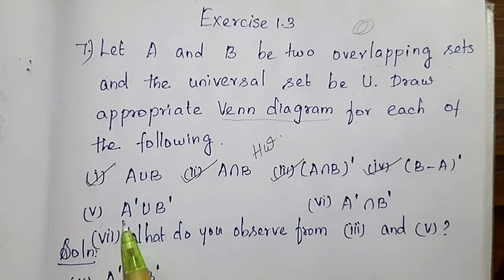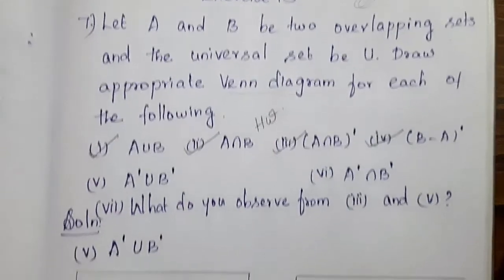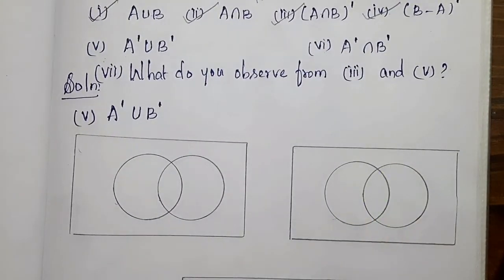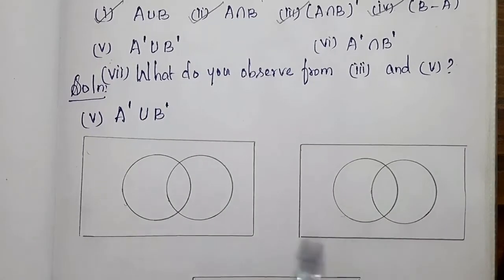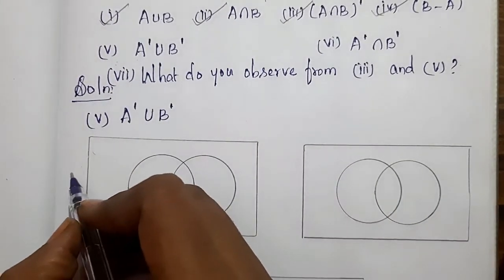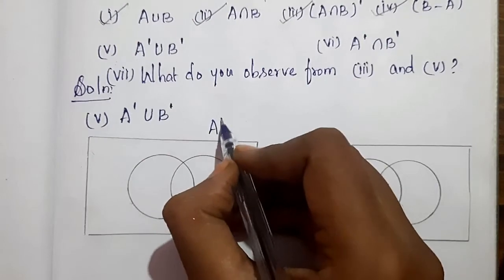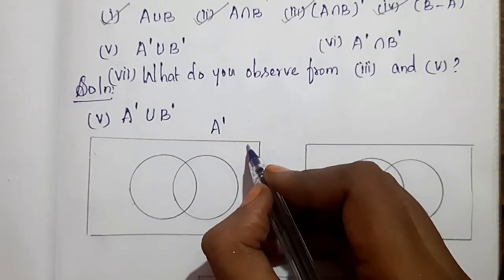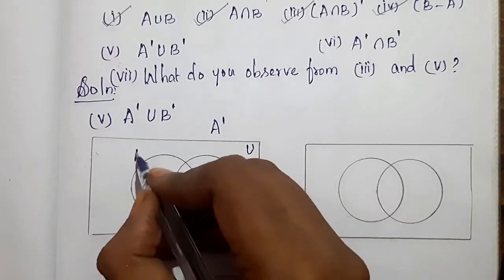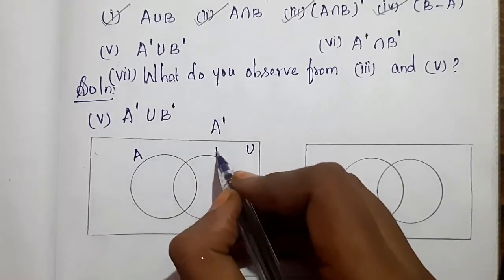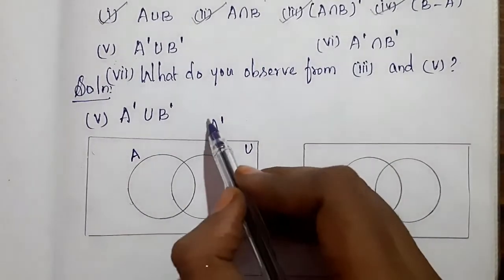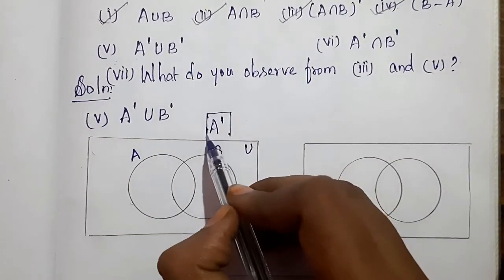A complement union B complement. This is the question. For that, first we can draw the A complement. Before that, we can name the sets. It is the universal set, set A, set B. So we are going to draw A complement.